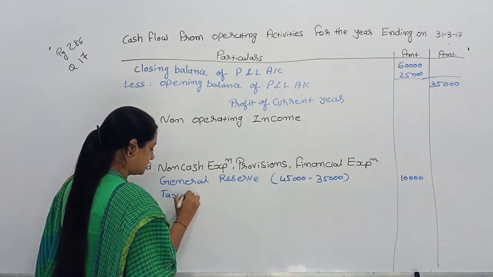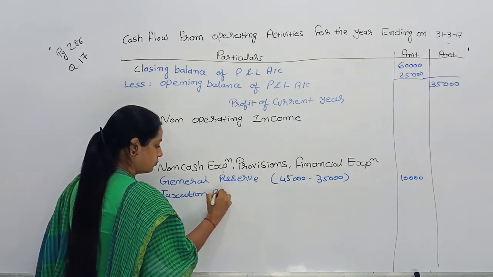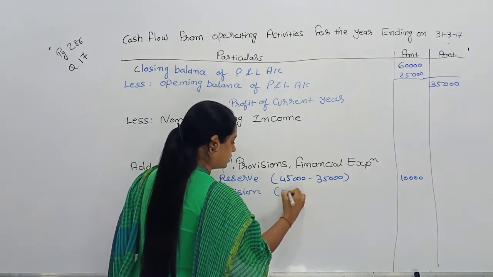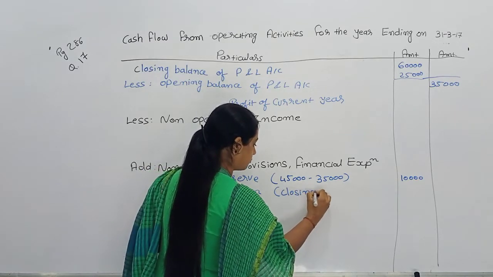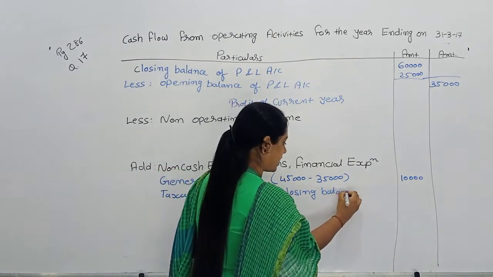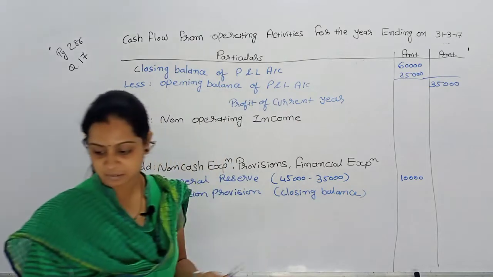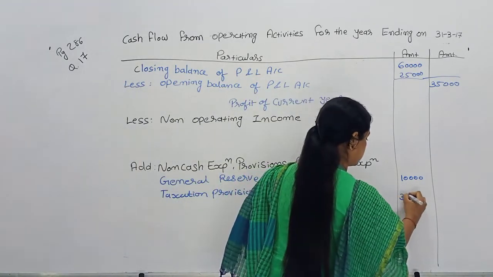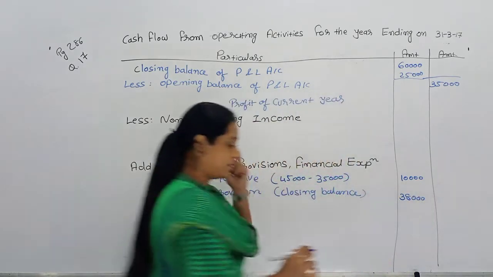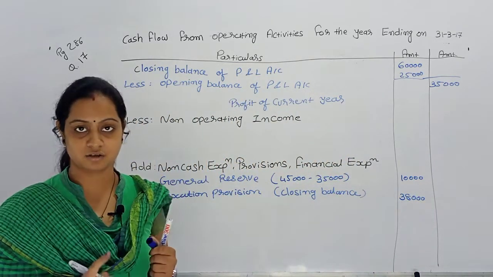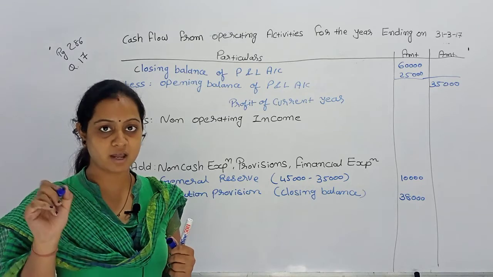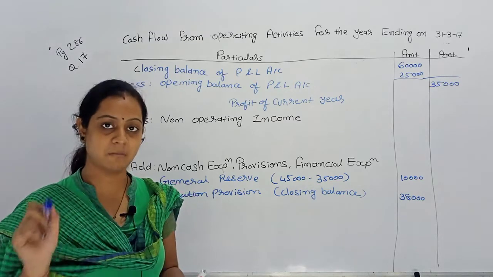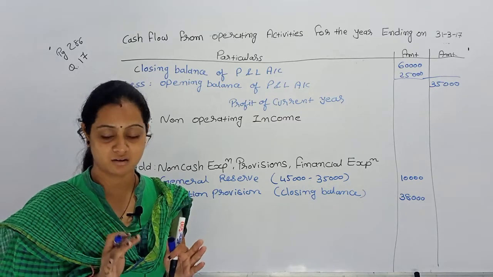So here I will write taxation provision, but only the amount of closing balance. Here I will not find the difference. Closing balance is 38,000 and opening balance I will write in the last. Okay, so if you want, tick mark over that we have not given the effect of that, so that you can remember.